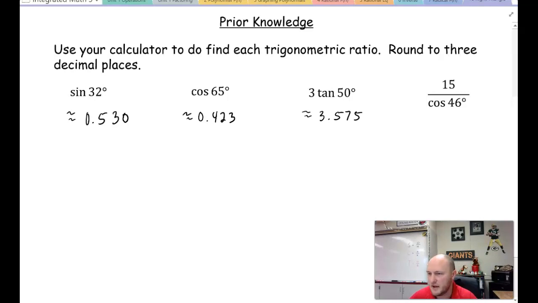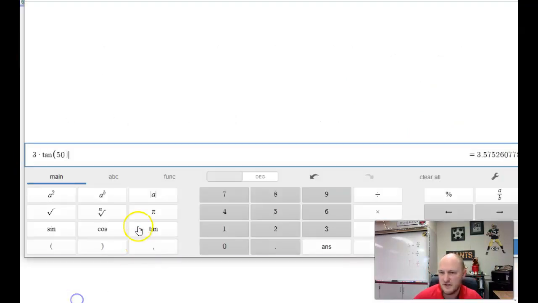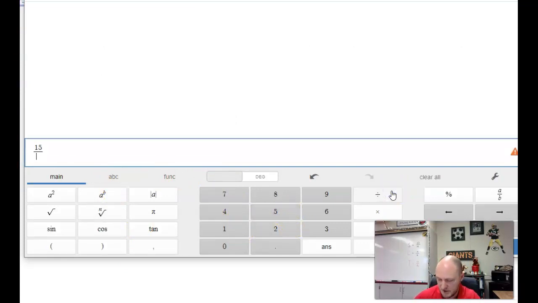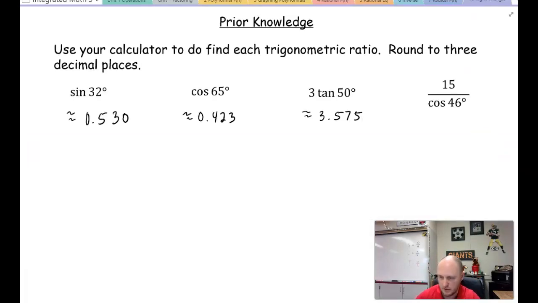Okay, and then here, 15 divided by cosine of 46 degrees. So 15 divided by cosine of 46. So cosine of 46. I'm going to close there, especially when I'm dividing. I want to make sure I close that. And we get 21.593.